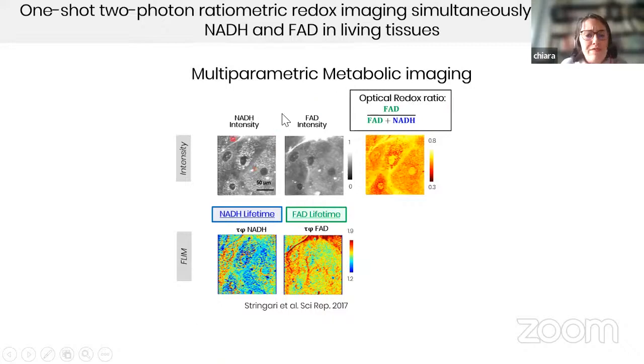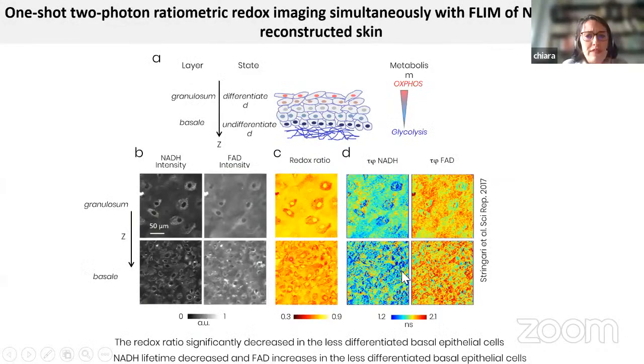And here we have the first demonstration of one-shot NADH and FAD, so optical redox ratio and lifetime. So we can explore the heterogeneity in these three different parameters. And then we can also map metabolic gradients in redox ratio, NADH lifetime, and FAD lifetime that are associated with differentiation.